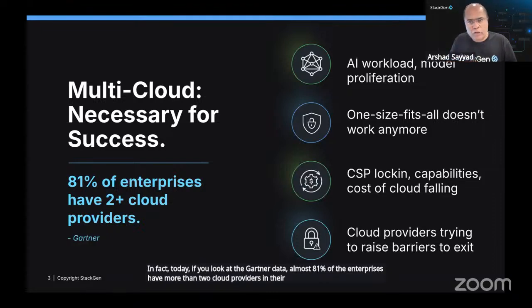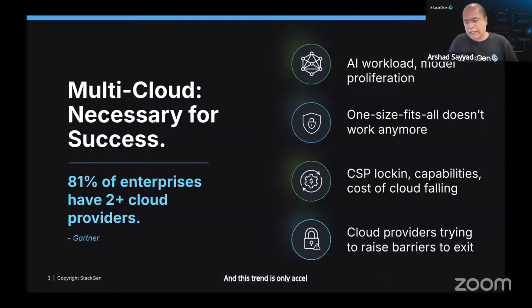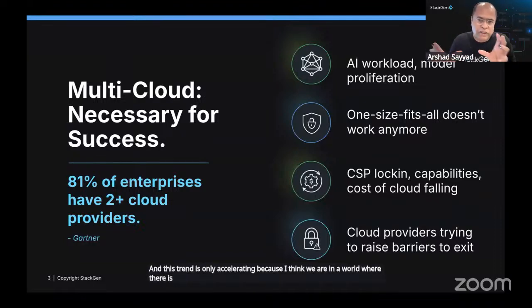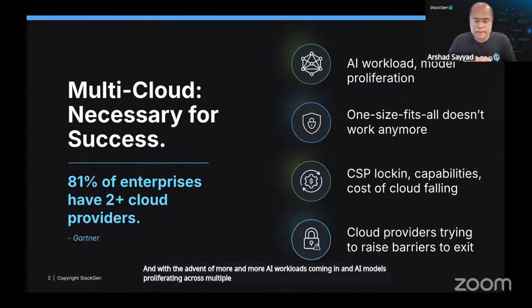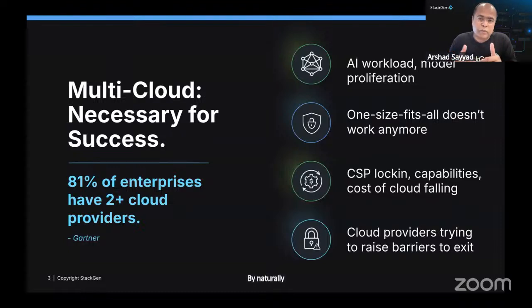And this is across small to medium to large enterprises. And this trend is only accelerating because we are in a world where there is a massive wallet share battle going on between the cloud service providers. And with more and more AI workloads coming in and AI models proliferating across multiple cloud service providers, by evolution, more and more enterprises are going to have more and more clouds.